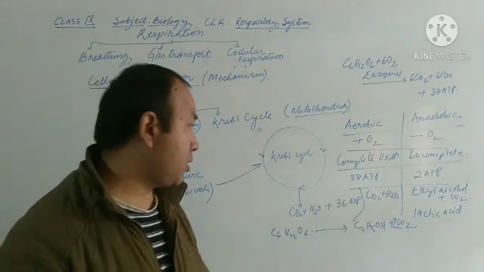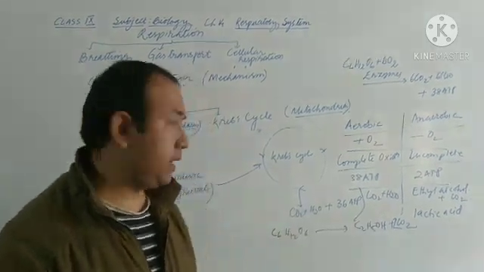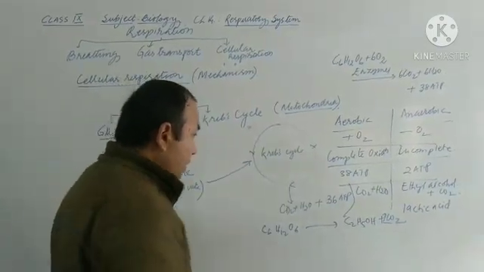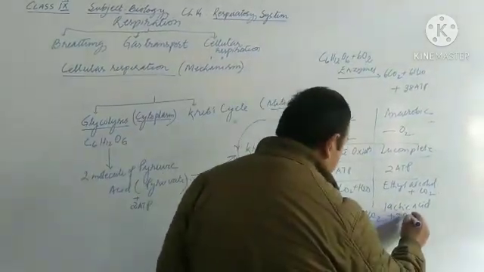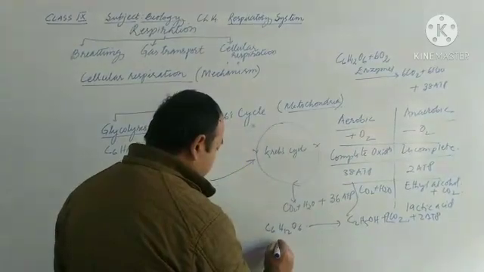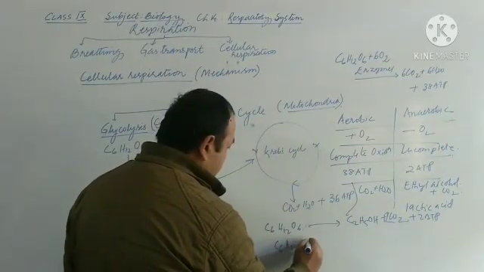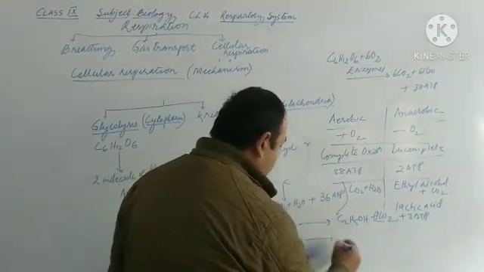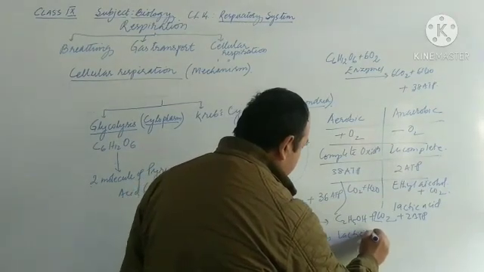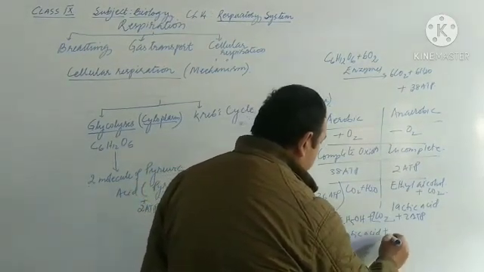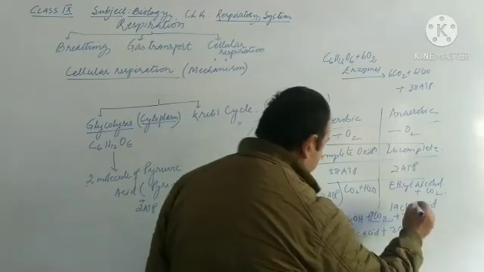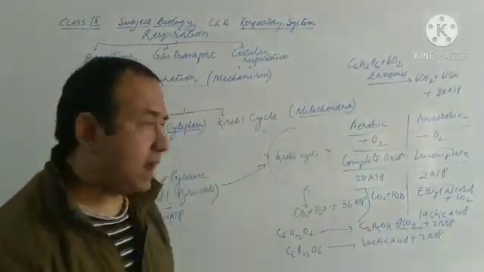Those bubbles are mainly because of the formation of carbon dioxide. Then plus 2 ATP molecules you can write here. Next, in the case of lactic acid, the formula is unknown, so simply we will write lactic acid, plus 2 ATP molecules produced during anaerobic respiration in the animal cell.